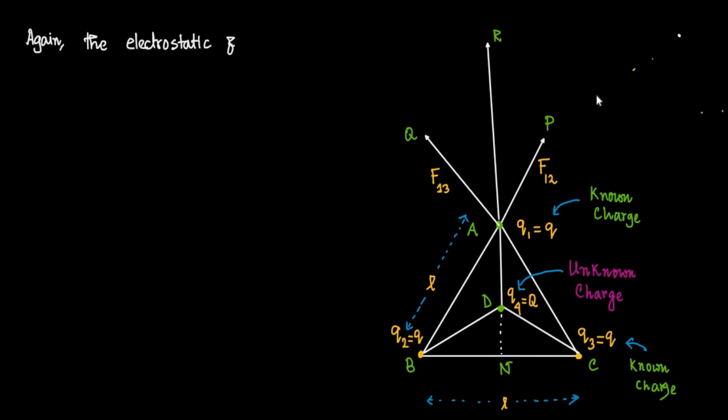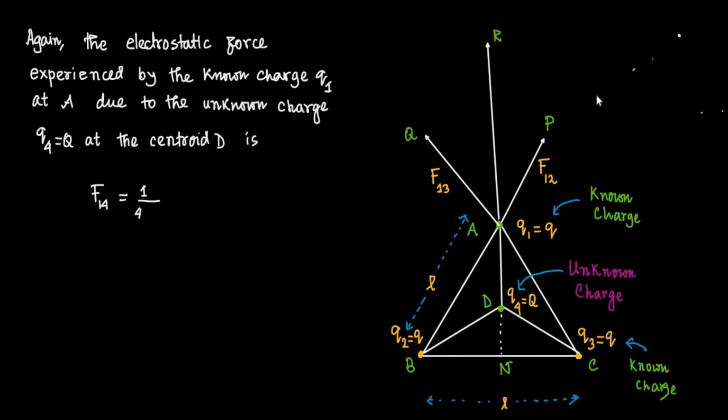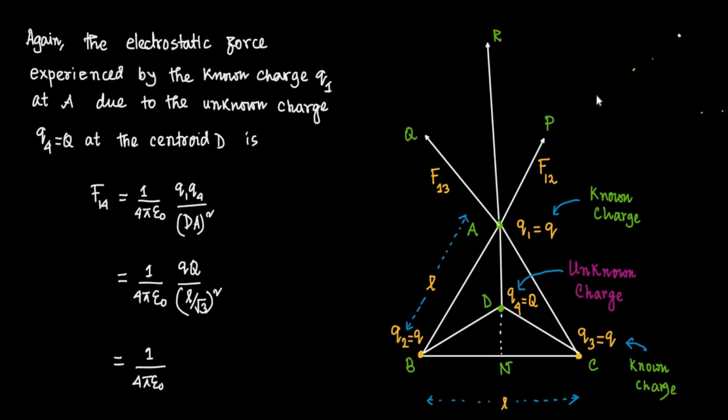Again, the electrostatic force experienced by the known charge Q1 at A due to the unknown charge Q4 equal Q placed at the centroid D is F14 equal 1 by 4 pi epsilon 0 Q1 Q4 divided by dA whole square, equal 1 by 4 pi epsilon 0 q Q divided by (L by root 3) whole square, equal 1 by 4 pi epsilon 0 3 Q q divided by L square.